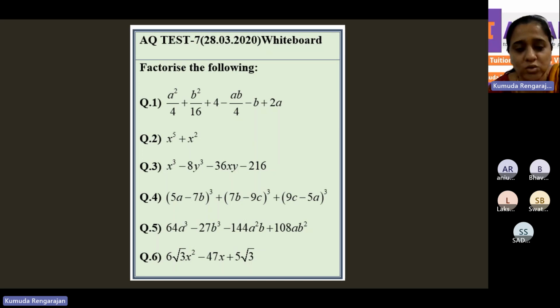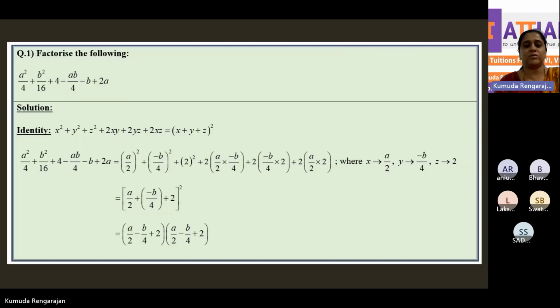Please take down 1, 2, and 3. I'll just come back in 5 minutes. Please work. Finish this. Try the second and third one. I'm just coming back.